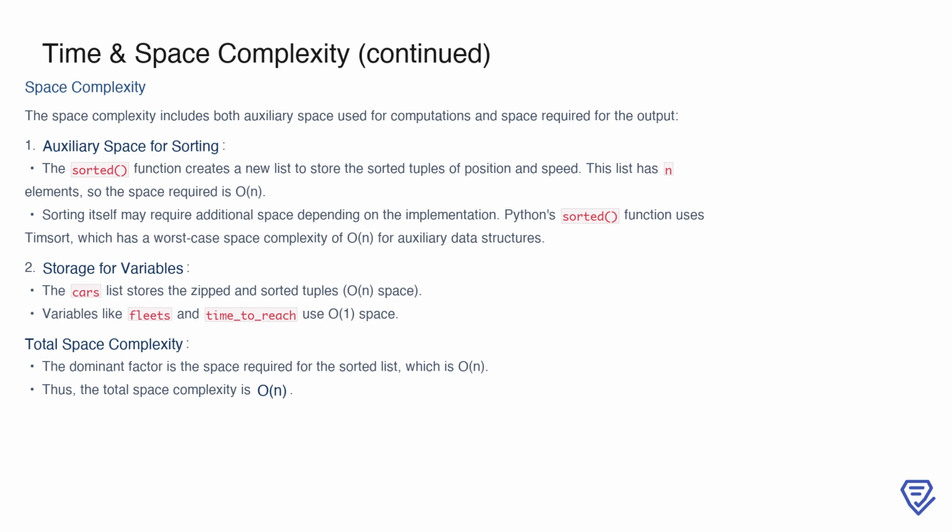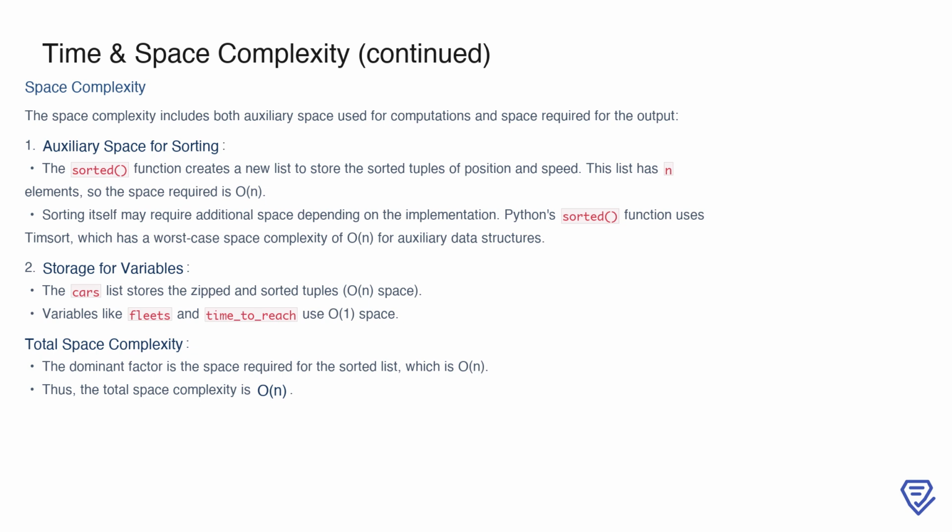Now let's look at the space complexity. This includes both the space used for computations and any auxiliary space required. When sorting, the sorted function creates a new list to store the tuples of position and speed, requiring O(n) space since there are n cars. Additionally, Python's timsort algorithm, used in sorted, may use up to O(n) auxiliary space in the worst case.